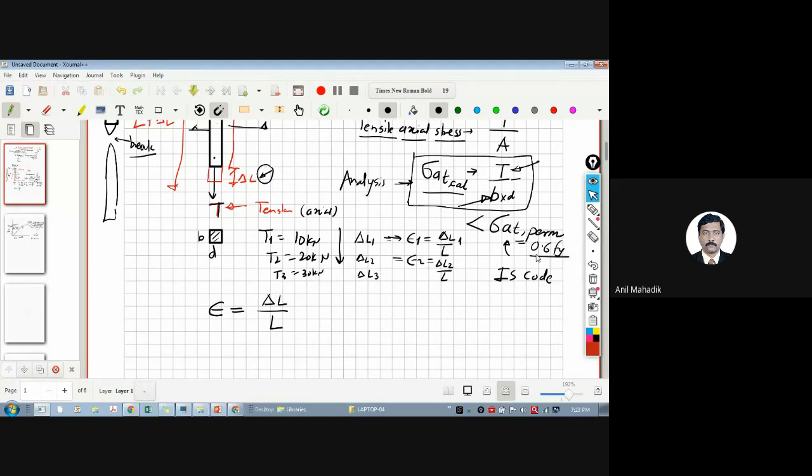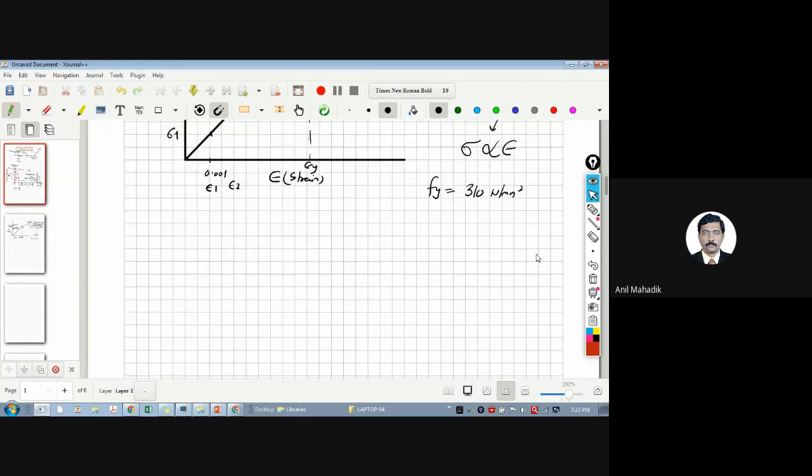Please keep in mind, for every force the permissible stress is different. If it is a tensile force, sigma AT permissible, that means permissible tensile stress. So if you calculate the tensile stress, then you should compare with this stress, which is 0.6 Fy.